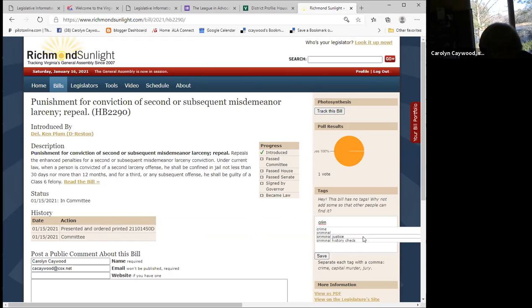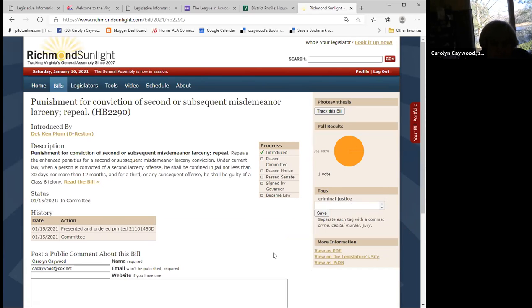I always prefer to use a tag that's already in there because we want to connect it with other bills on the same subject. It's as simple as that. Now, there will occasionally be people who decide to get snarky and create a tag for stupid bill or something. But it still works pretty well because that sort of thing never catches on and therefore the print stays tiny.